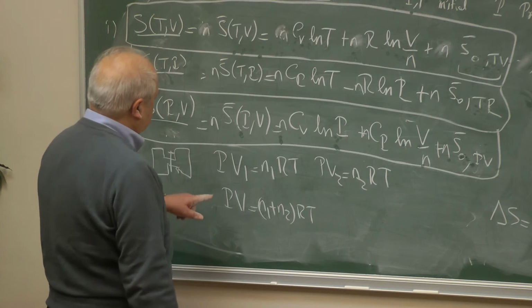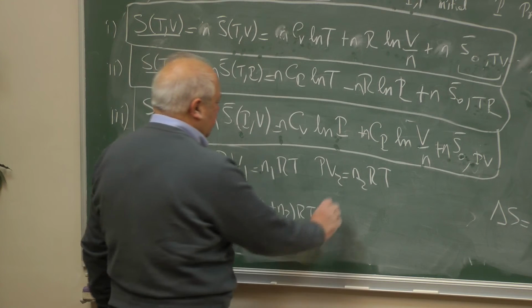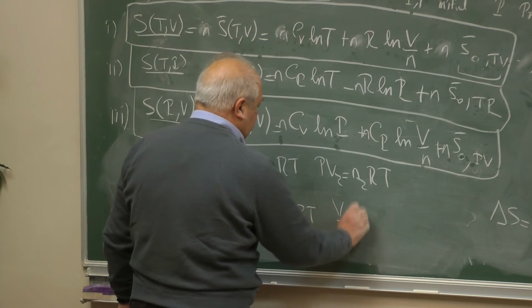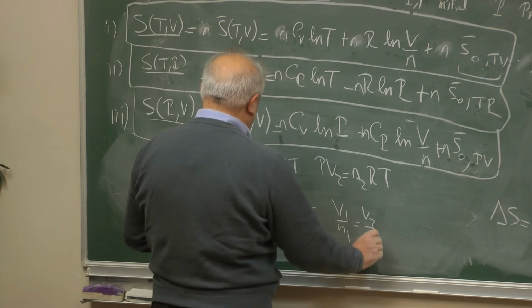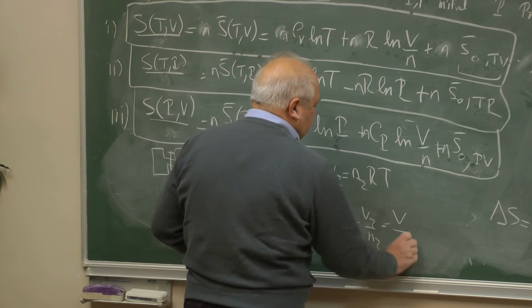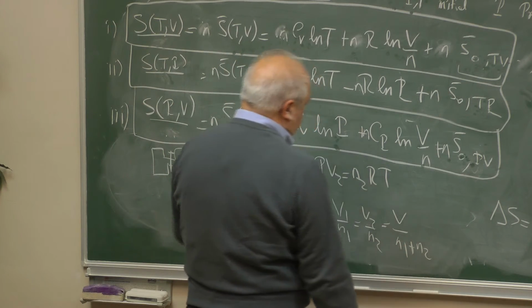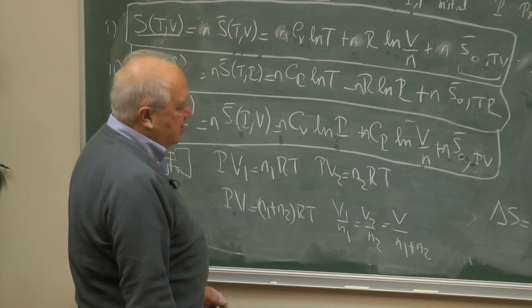Therefore, V1 over N1 is equal to V2 over N2, and that's equal to V over N1 plus N2. So these ratios are all the same.